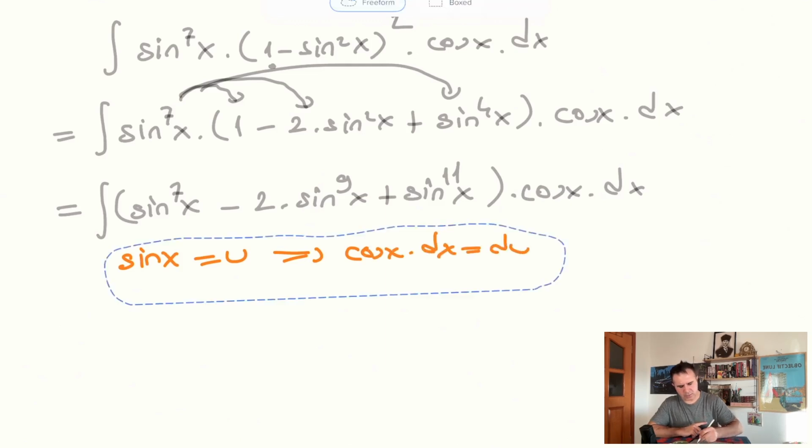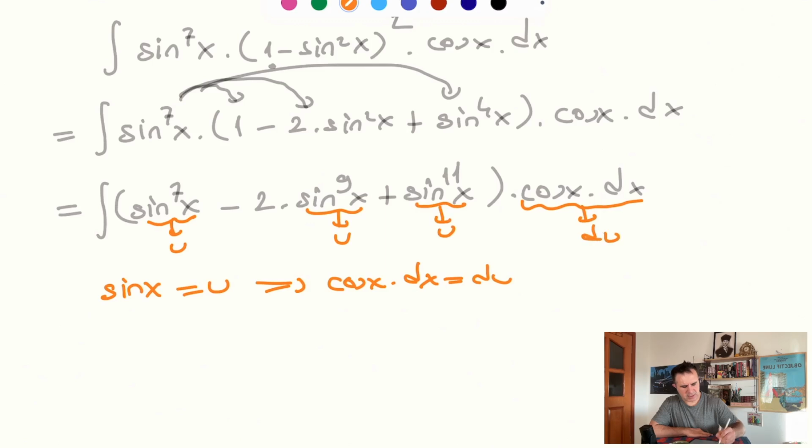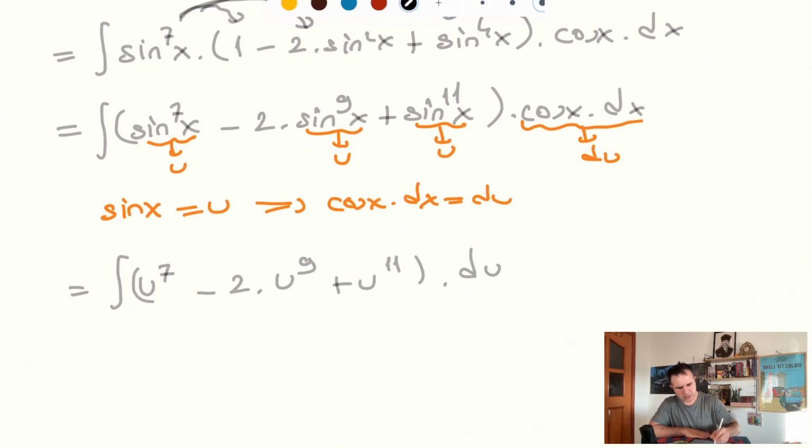Now we will rewrite the integral again. We rewrite sine x as u, and we rewrite cosine x dx as du. Then the integral becomes u to the power of 7 minus 2 times u to the power of 9 plus u to the power of 11, times du.